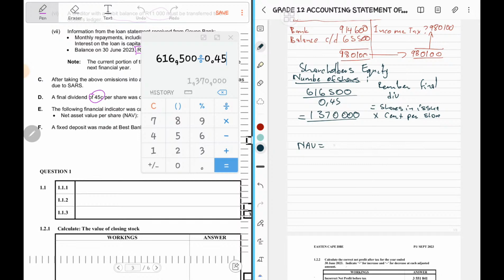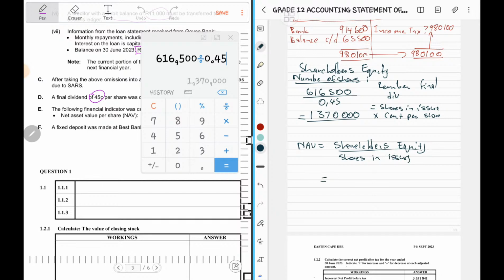The formula for NAV says shareholders equity, then we divide by shares in issue. So we have the NAV.